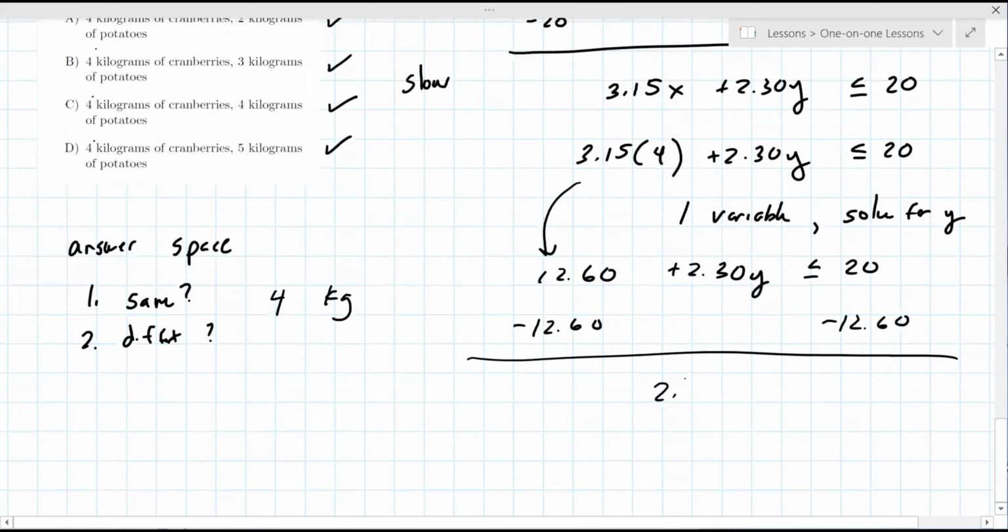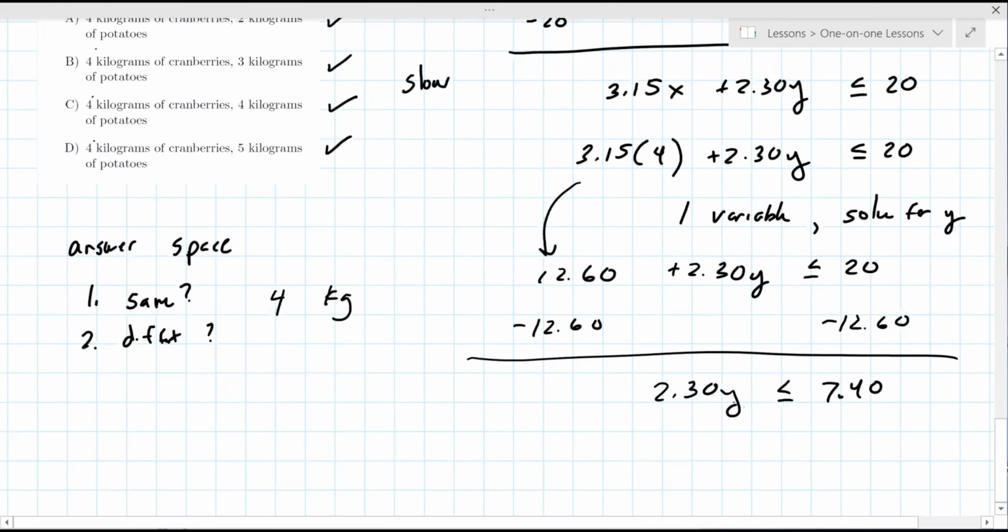So $2.30 Y is less than or equal to $7.40. Again, it feels like, oh my God, I need a calculator. Well, you might think that, but we're not solving exactly how many kilograms. We're just solving roughly.